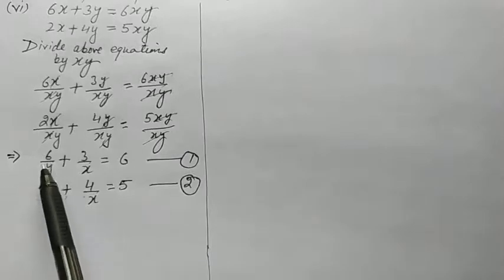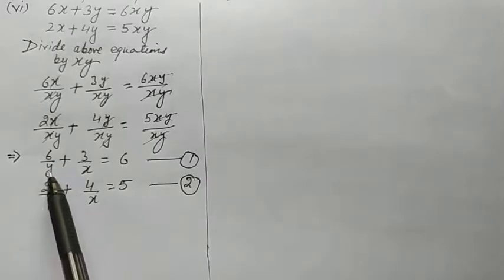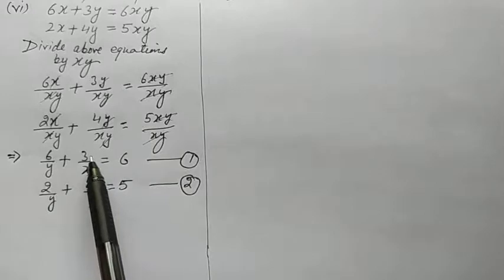Suppose this is the second equation. Now 6 over y means 6 into 1 by y, and 3 over x means 3 into 1 by x.